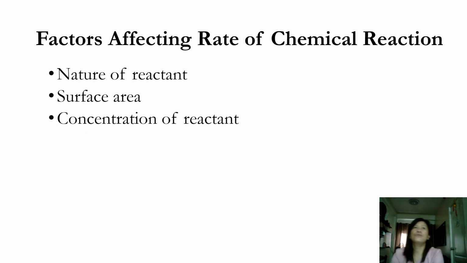Concentration of the reactants: of course, increasing the concentration of the reactants increases the number of particles for collision. Increasing the number of collisions between particles means an increase in the rate of chemical reaction. Temperature generally increases the rate of chemical reaction because of the collision. The higher the degree of collision between particles, the faster the chemical reaction takes place.